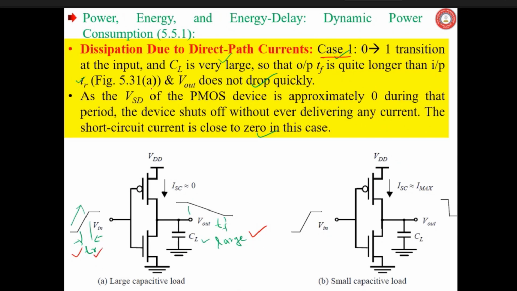And Vout does not drop quickly. During a low to high transition, output will be falling. As the VSD of the PMOS device is approximately 0 during that period, the device shuts off without delivering any current. The short circuit current is close to zero in this case.